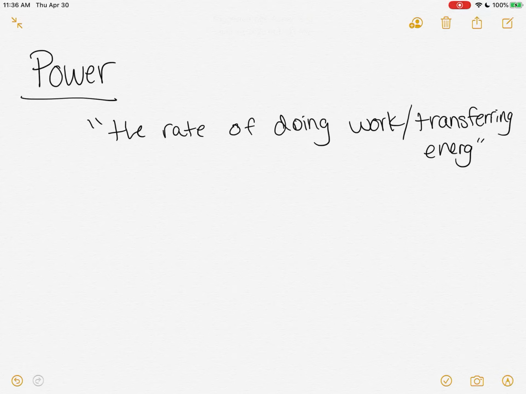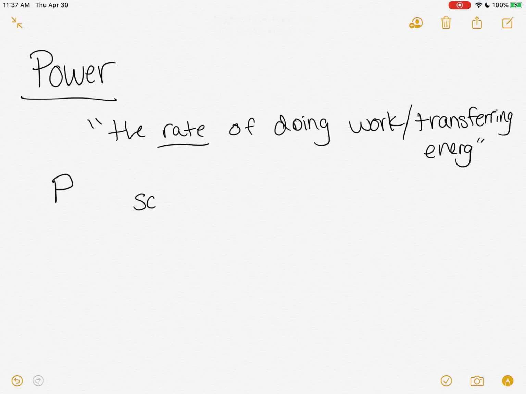So power is how rapidly, how fast work is being done. And so power we usually symbolize with the capital letter P. And it's really all about the rate. So it's how fast we're doing work or how fast we're transferring energy.